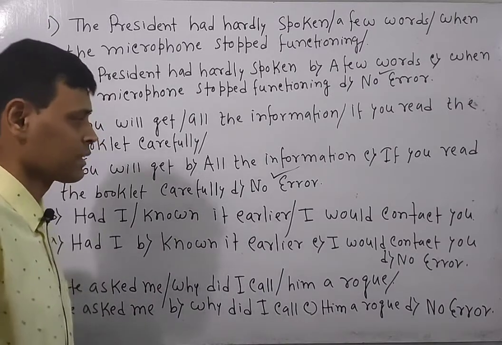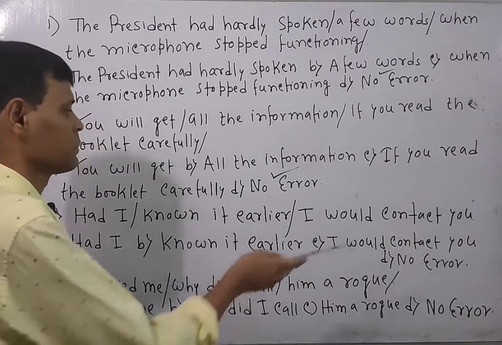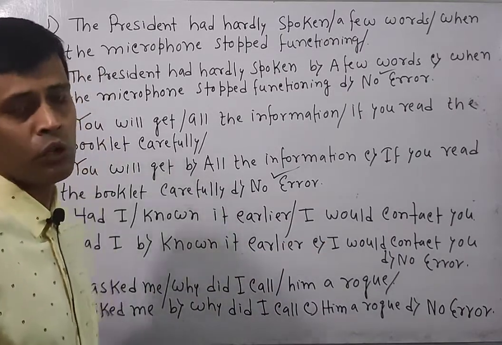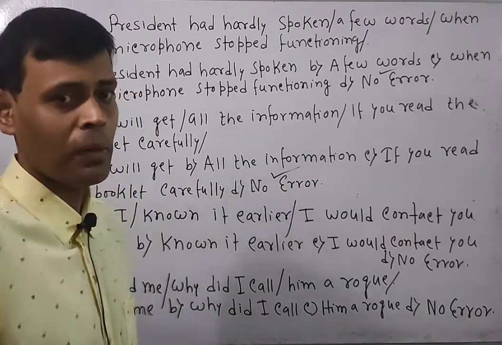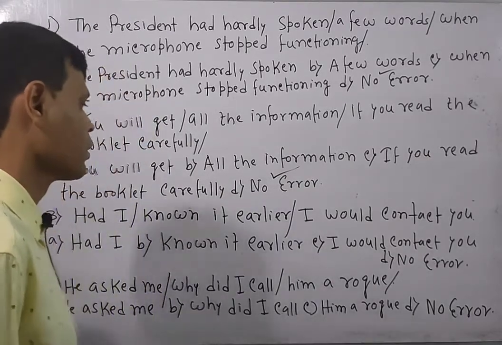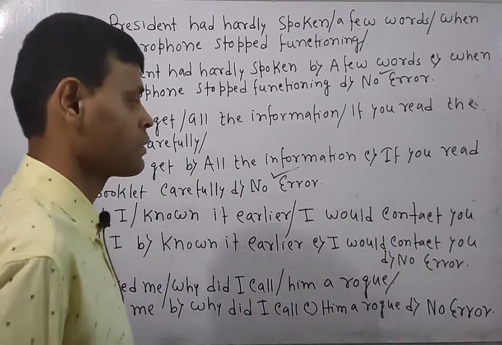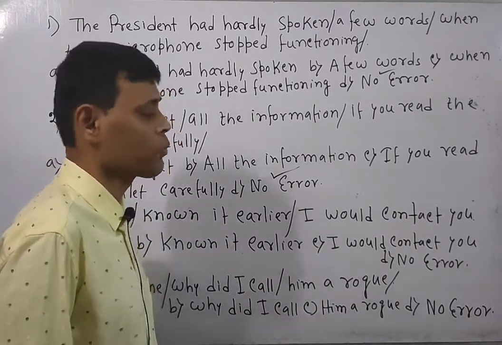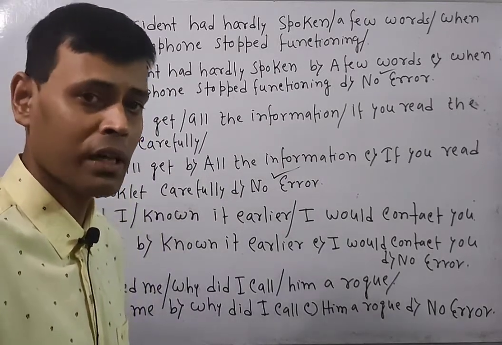So whenever we are going to form sentences like this one, the second part would be like would have or could have or might have. But here only would contact you is written. So it should be would have contacted you or might have contacted you or could have contacted you.